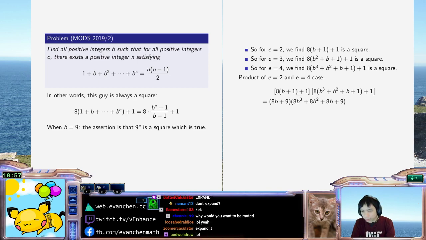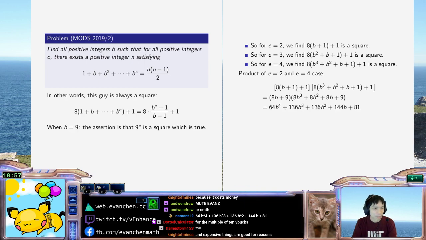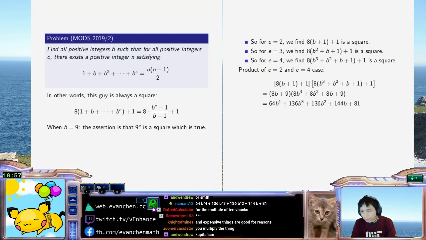Okay, 64b^4 plus 136b^3 plus 72b^2 plus 136b^2 plus 144b plus 81. Oh wow, someone beat me to it. And this is equal to like (8b^2 plus, oh jeez.